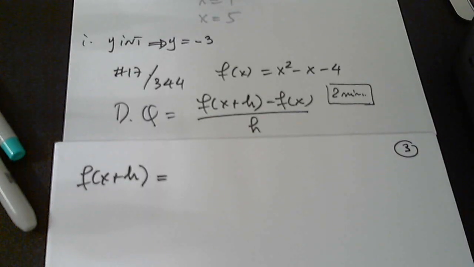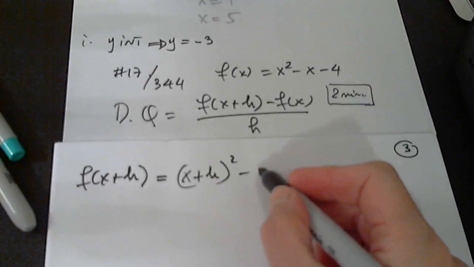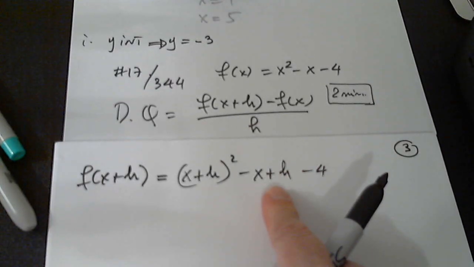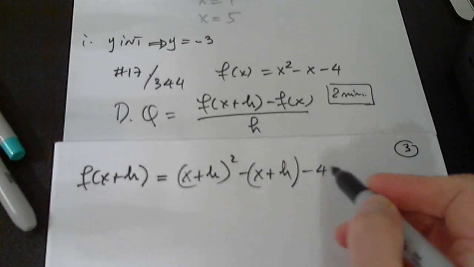Anybody? x plus h squared minus (x plus h) minus 4. Correct. Yes, indeed. Good.